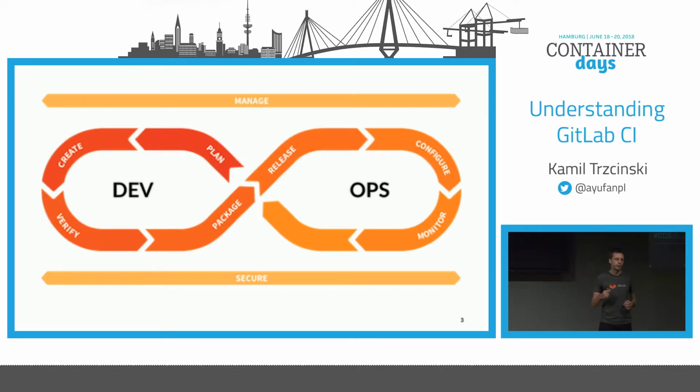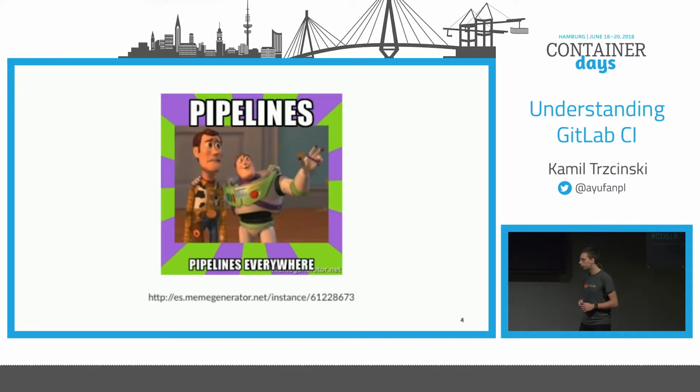You start with the proposal of the change, maybe of a feature, and you end up having this change on a production server, but not only that, you also think about what is beyond that. Your change may land on production, but this is not the end of the story. You want to also monitor that. So you also need to be aware of how your change affects your system over time. And GitLab tries to build some kind of intelligence behind that to make it much easier for you.